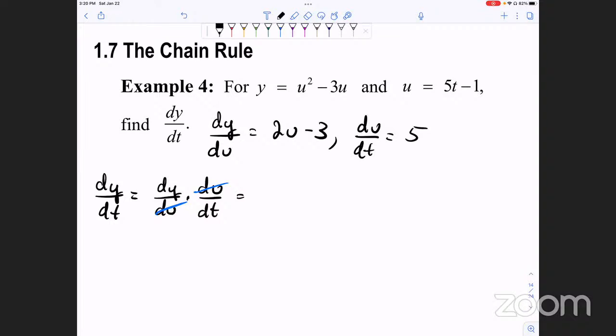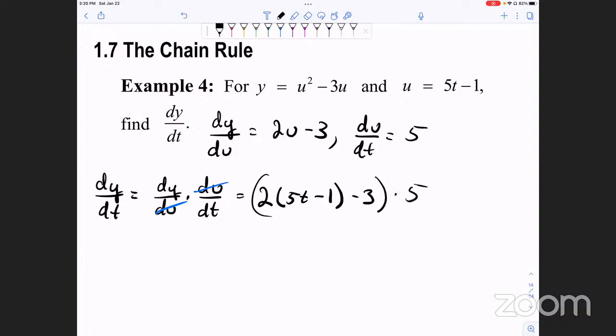Then let's substitute in our u being 5t minus 1, minus 3, times 5.